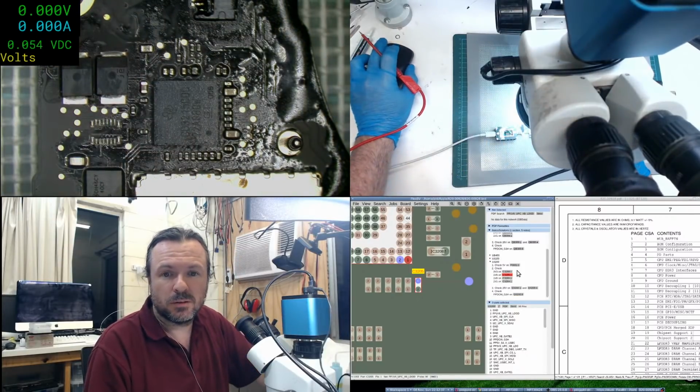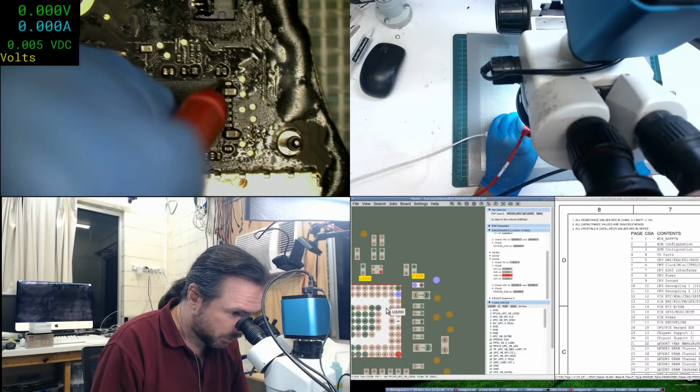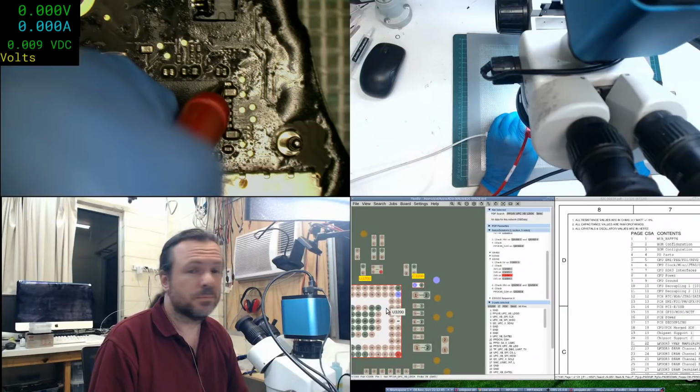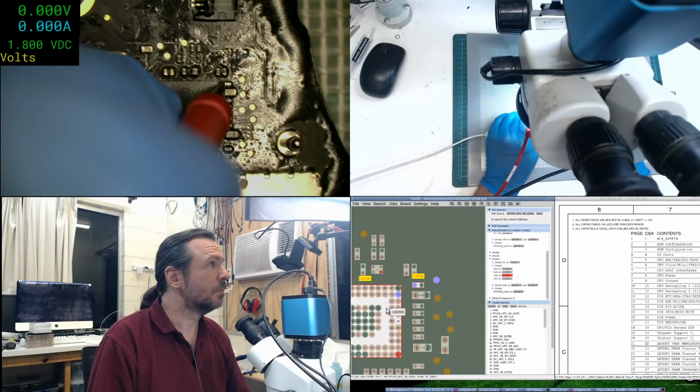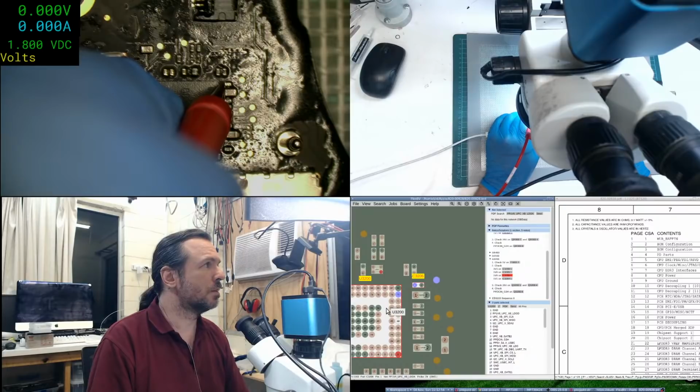Got 1.8. Yeah, it'll just become... Ah, we got a problem there already. So we've only got... Okay, we got voltage jumping up and around. Is that my probe or is it... It might just be my probe.